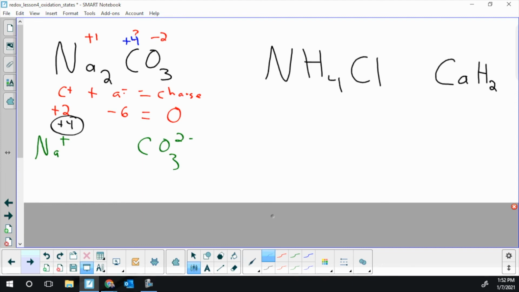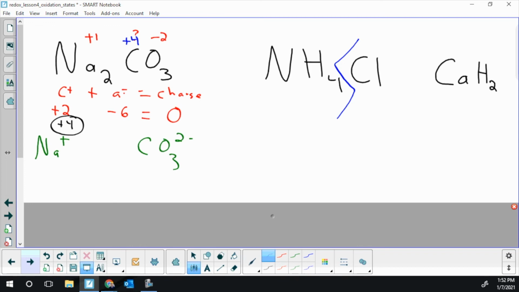We have to use the same strategy with ammonium chloride. We've kind of got to think of it as an ionic compound and see if there's any monoatomic ions, which there is, and then sort of go back and deal with the whole thing. So NH4Cl, it's ionic, ammonium and chloride.